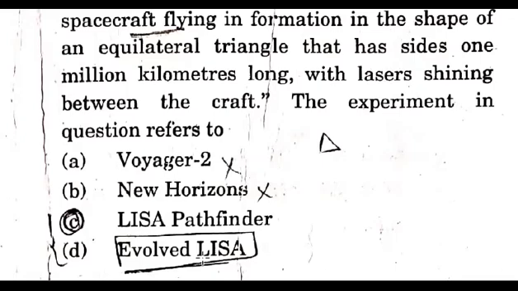So there would be three spacecrafts located in the corners of a triangle, and each side would have minimum 5 million kilometer in distance. So now you should understand that the answer to this would be evolved LISA, because now the distance point has come up over here.